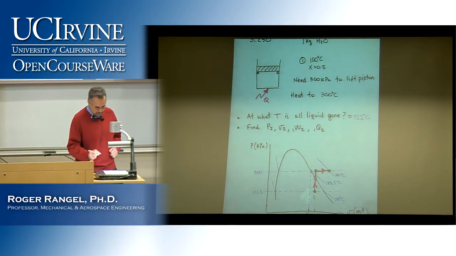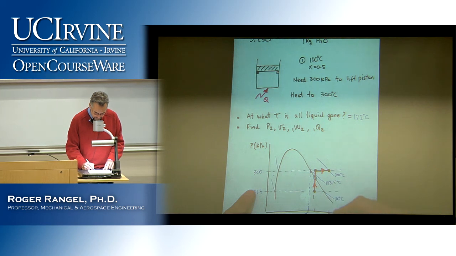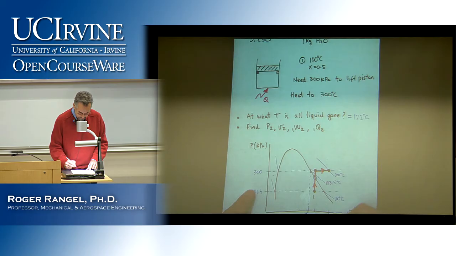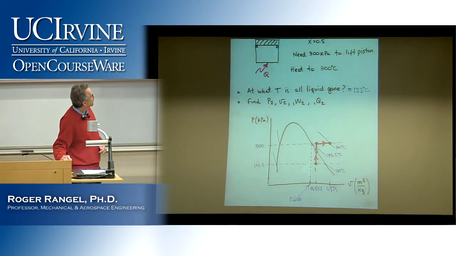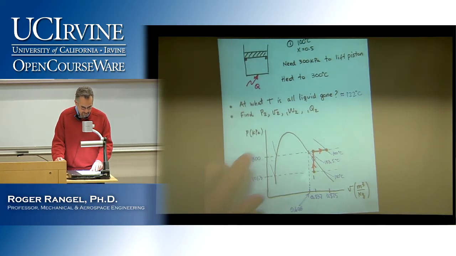So this volume right here, which is at the end of the process, is 0.875. All right. So I started at 0.837, went up to 0.875 for the specific volume.